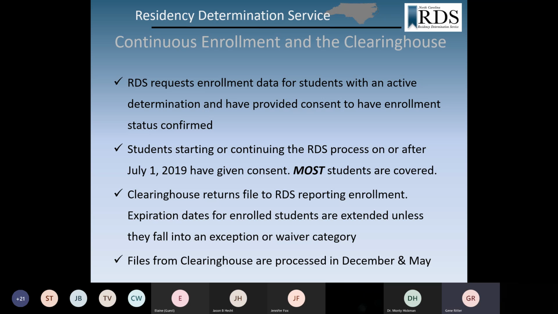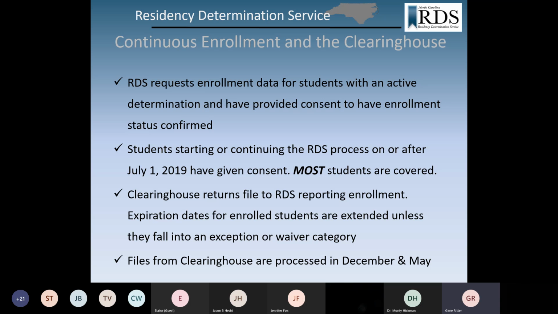We have now automated something that's been very helpful, because students, for example, might be attending somewhere and then during the summer want to take one class on another college campus or online. If the determination had expired, even though it was good for them to be enrolled at the same institution, the new institution could pull it. So what we've done to extend them is this: the attendance reports that you, or some other unfortunate person at your campus, file regularly with Clearinghouse.